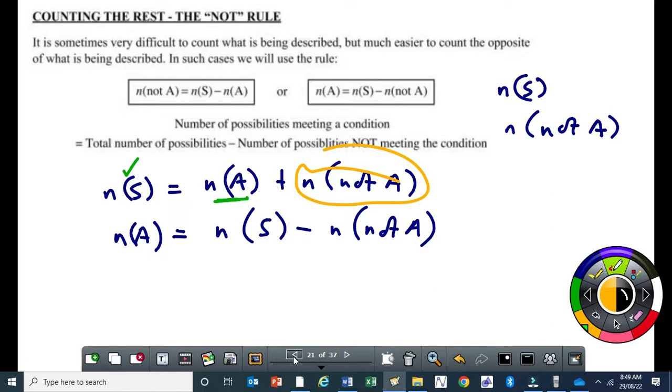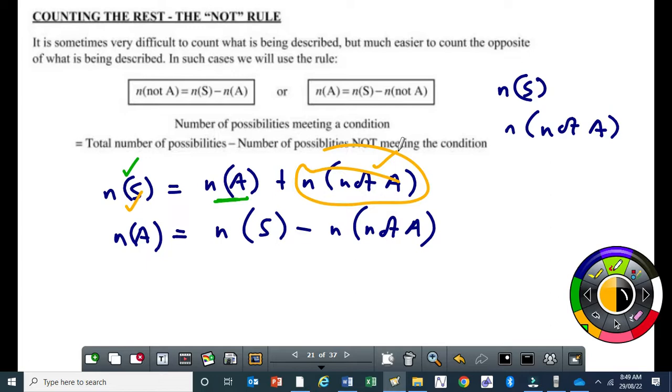It's much easier to determine your total in the sample space, and also to determine the numbers that cannot be divided by 5, and then you subtract.